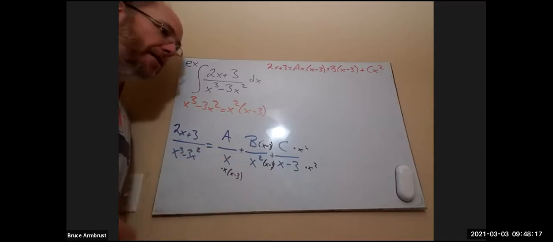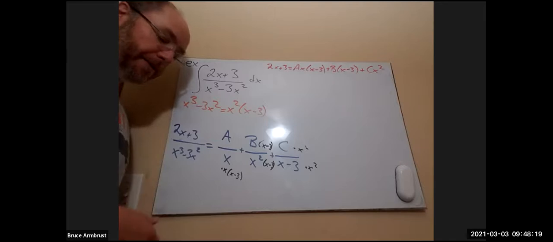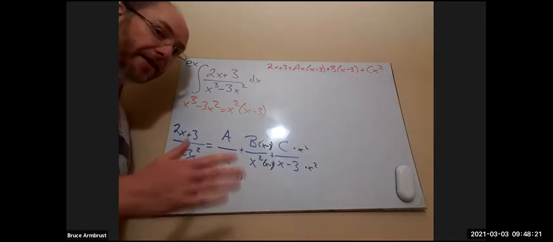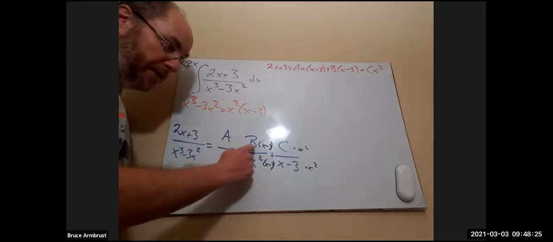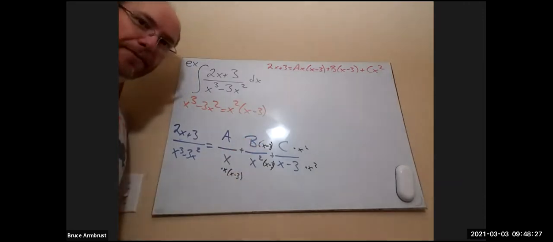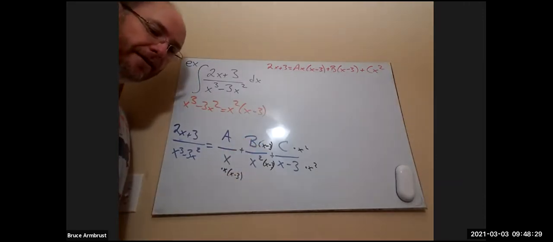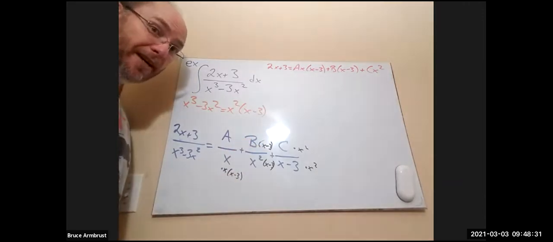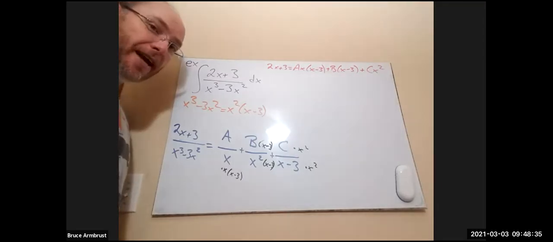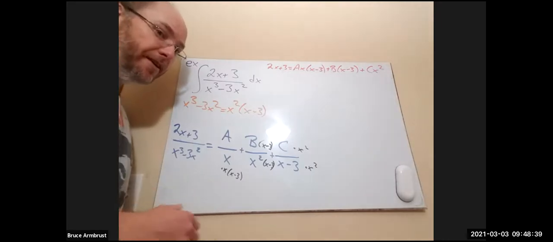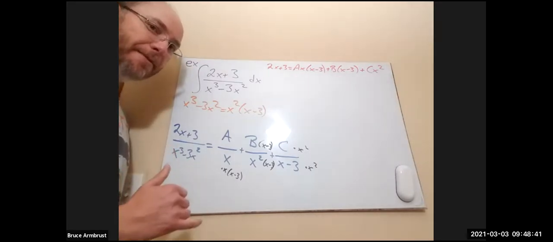Well, that's a good question. And that's something that, you want some good news on that? I'll definitely give you some good news on that. Let's say you went with linear on top there. So you called it a bx plus c. It's totally still going to work out. You'll find that that value on the x is 0. So the good news is that's never going to be a mistake.